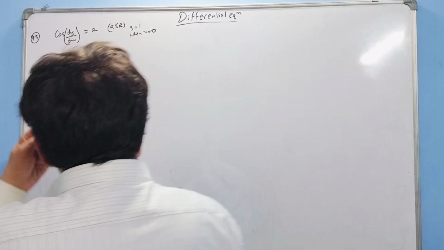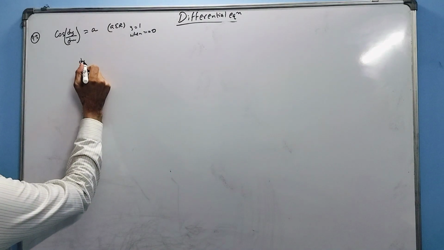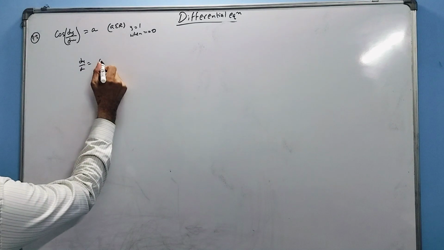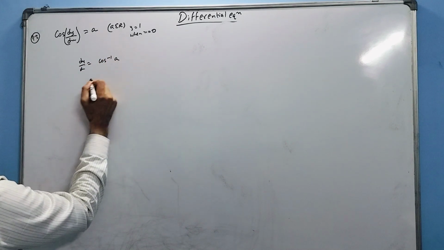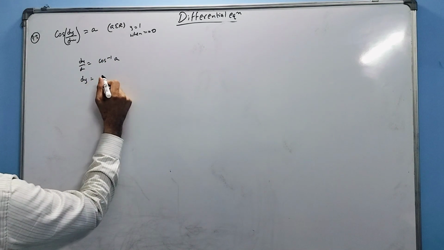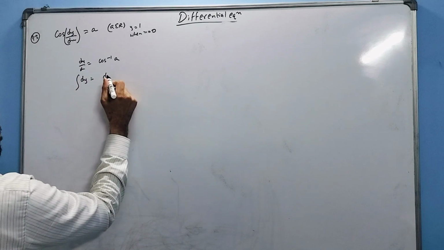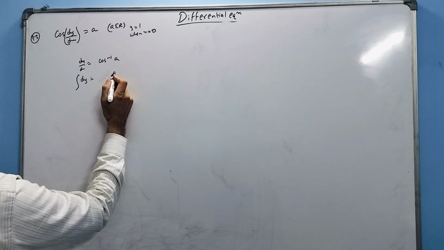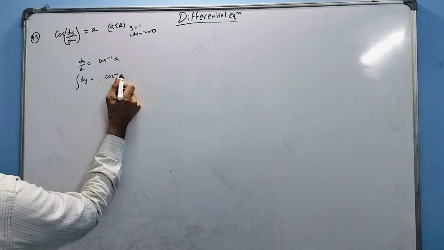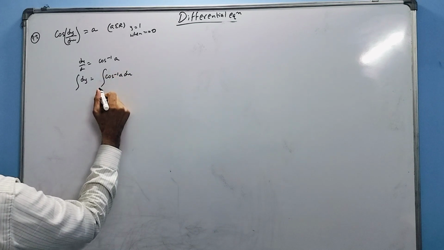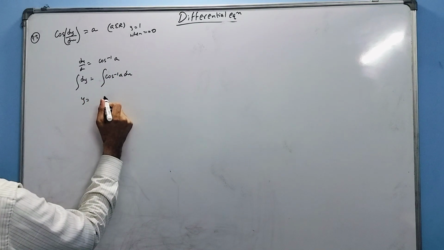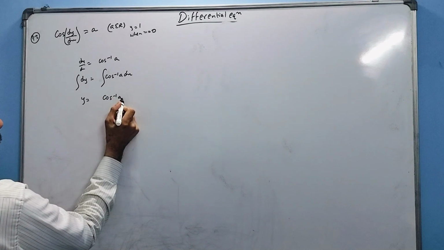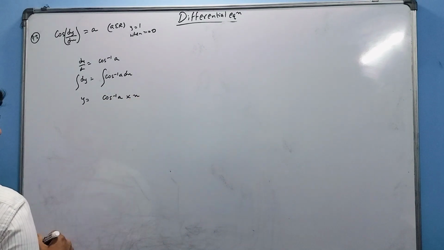Now what we can do, dy/dx is equal to cos inverse a, or dy is equal to cos inverse a dx. Now y is equal to cos inverse a into x plus c.